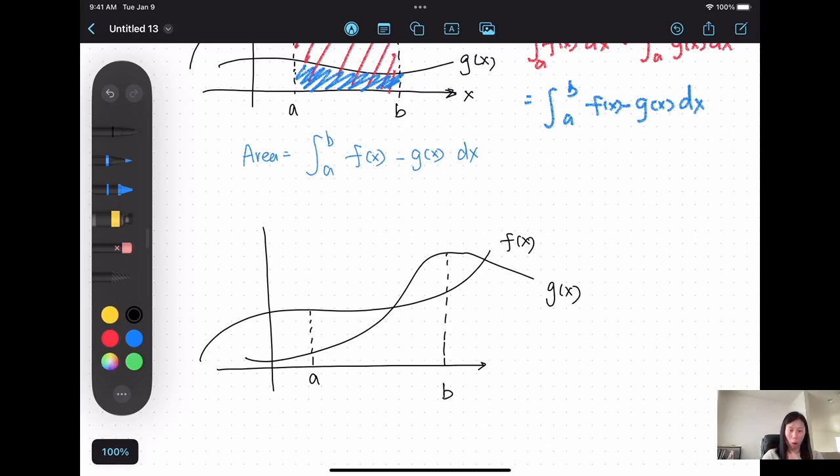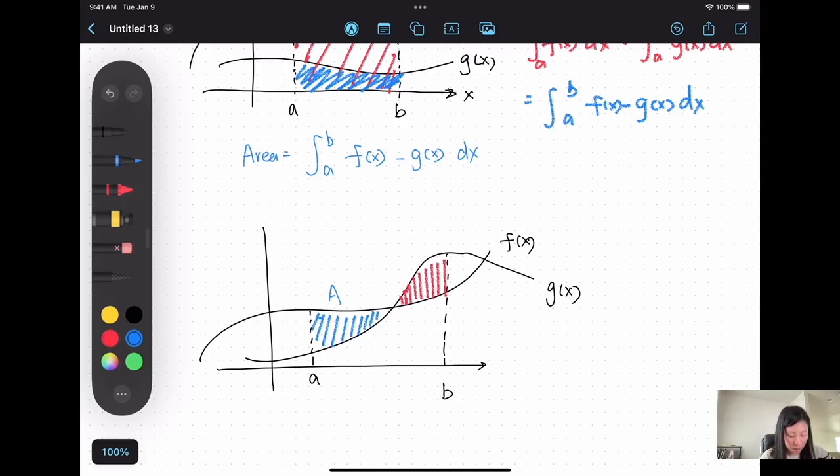So in this case, we need to separate this into two regions. One region is when f(x) is above g(x), which is this part, part A. And the second part is when g(x) is above f(x).